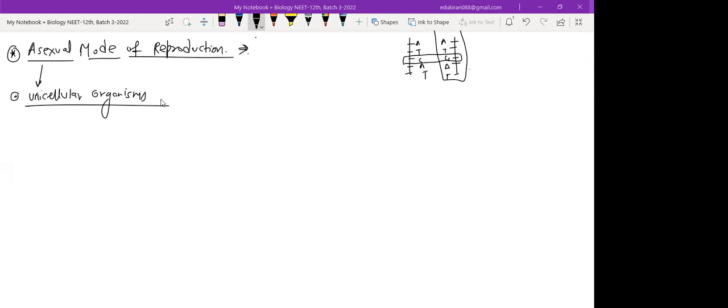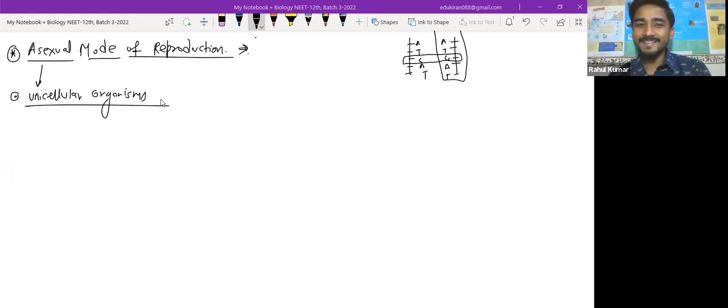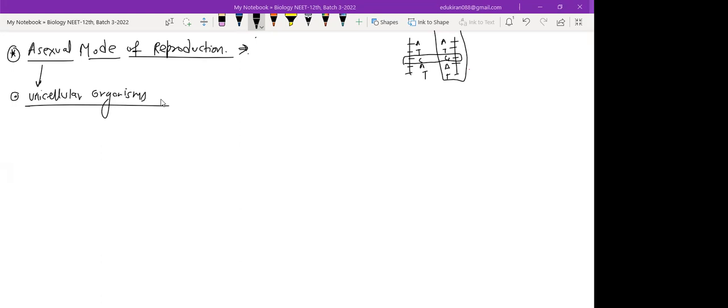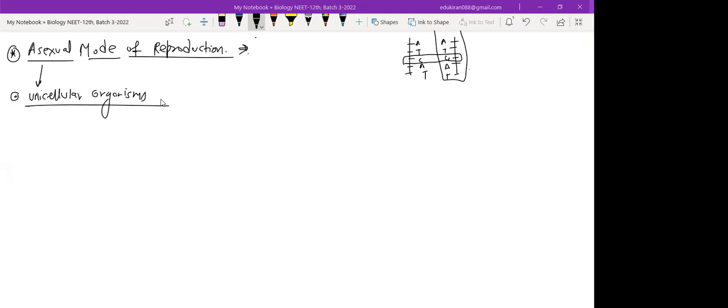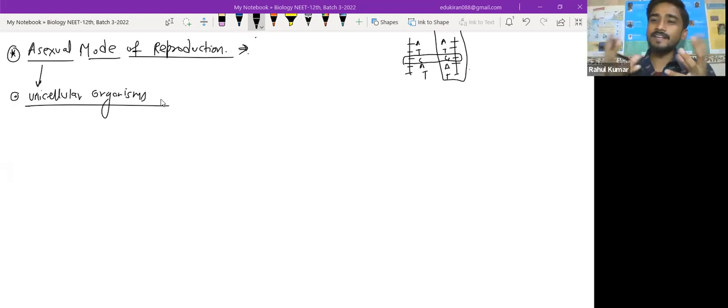Because it is unicellular, and for sexual reproduction you need another cell to fuse. Yes, you need to make gametes, right? And gametes themselves are unicellular. So for a unicellular organism to make another unicellular gamete, there is only one way to do that, to divide, right? And when it is dividing, then anyways it is reproducing.